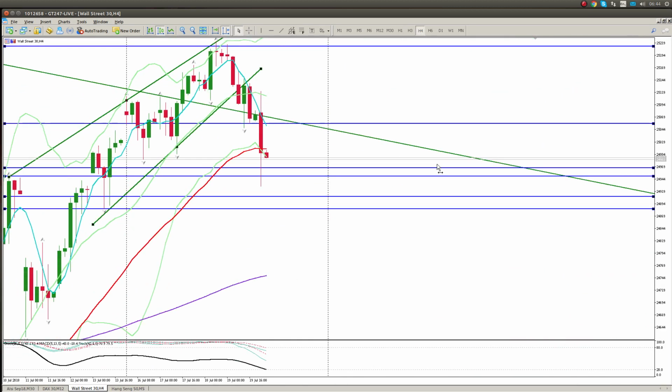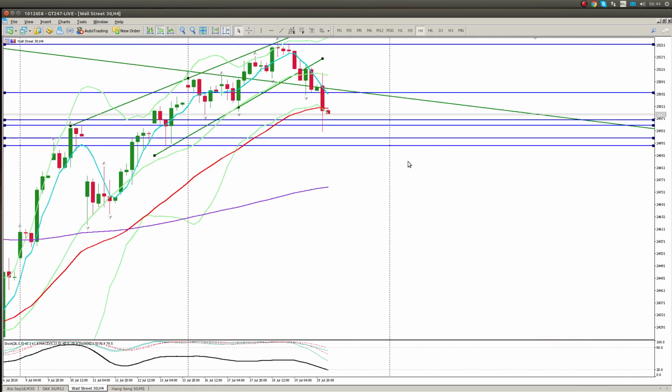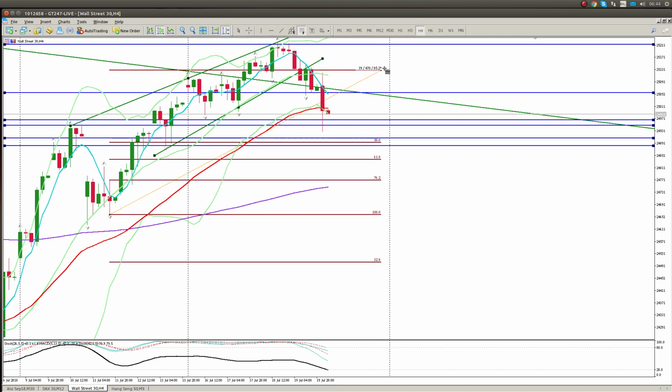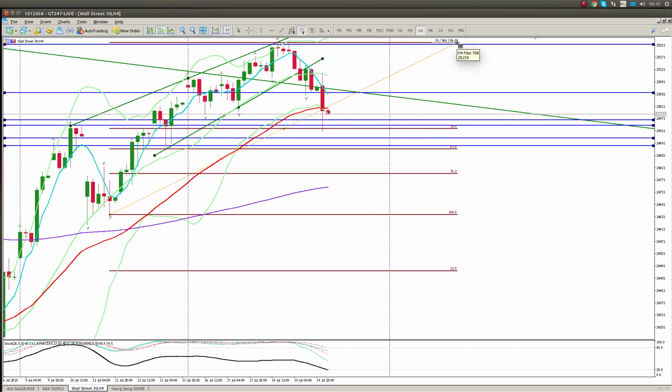Okay, and the last thing I just want to do is, let's leave the noise for now. And this was the previous up move. So you can see we tagged the 50% and bounced off that.